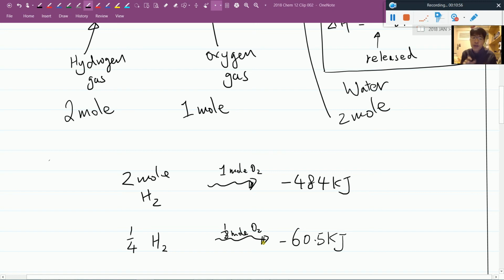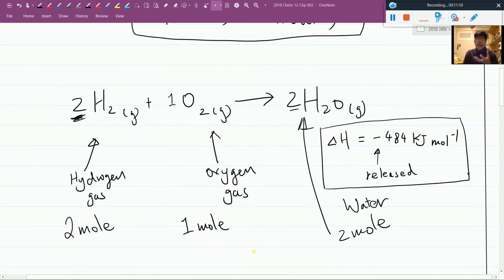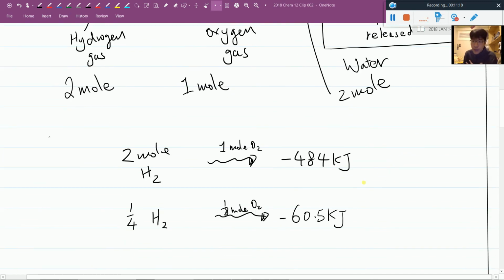So a quarter, 0.25 mole of hydrogen gas reacting with 0.125 mole of oxygen gas would release 60.5 kilojoules. That is very useful information if a question gives you a delta H, because you can simply convert your reactants or even a product in terms of the amount. You find out the amount, then you use the appropriate ratio. You can find out how much energy is being released or absorbed.